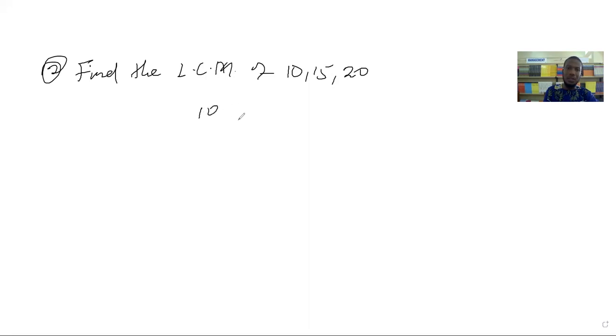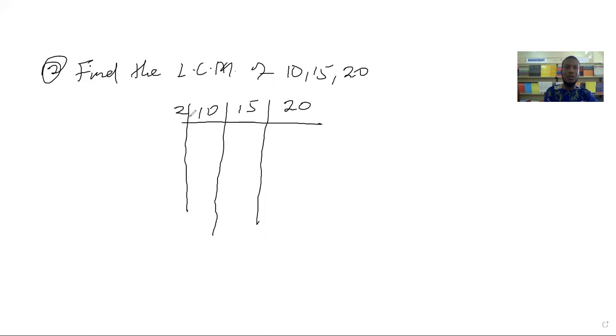So again, we write our 10, our 15, and then our 20. The least number which can divide them is 2. So 2 will go into 10 5 times. 2 cannot go into 15, so repeat the 15. 2 goes into 20 10 times.